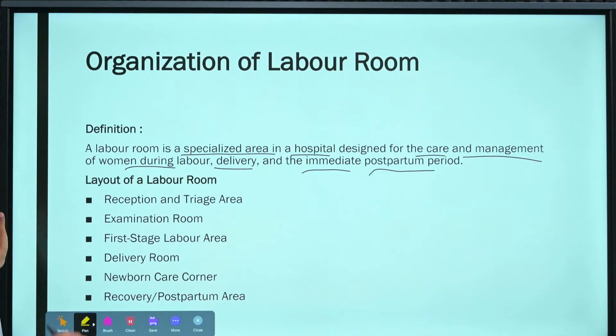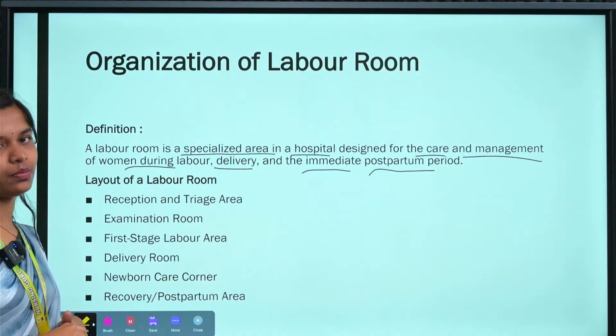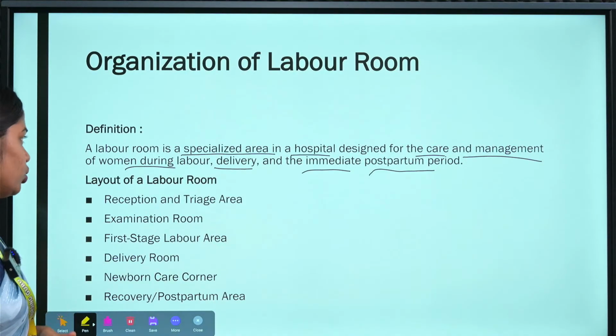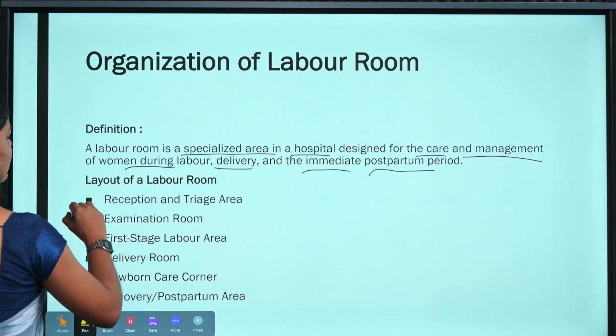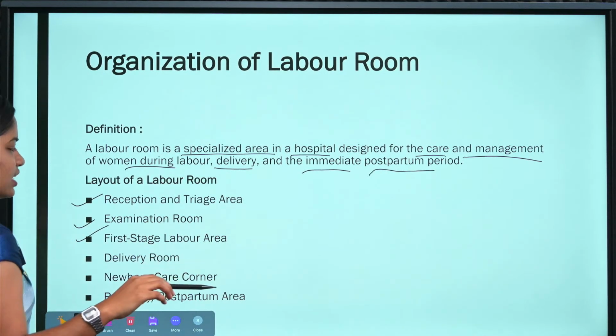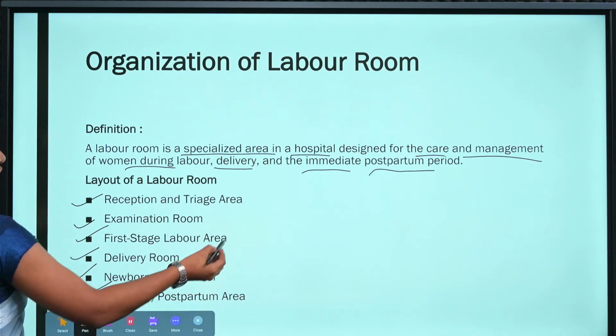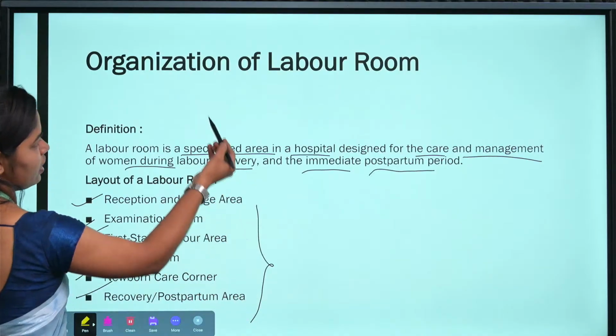That specialized area present in the hospital, we call it the labor room. The layout: reception and triage area should be there, examination room, first stage labor area, delivery room, newborn care, recovery and postpartum. These are all the areas present in the labor room.